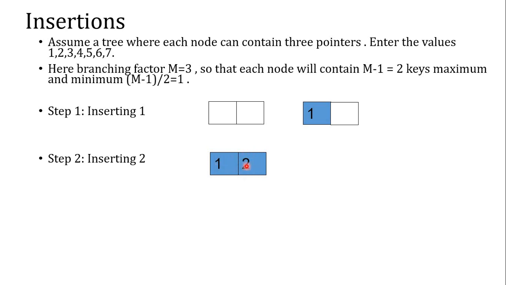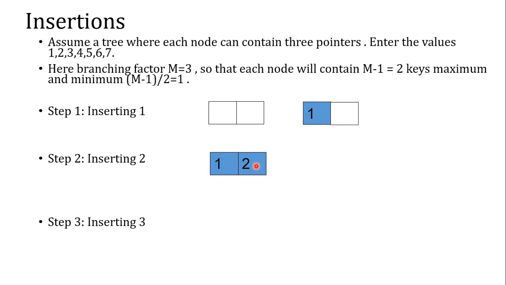So 2 is now occupied, and the color is changed to blue. You need not make your color blue whenever you are making the quiz or answering. I am just making it for your understanding.